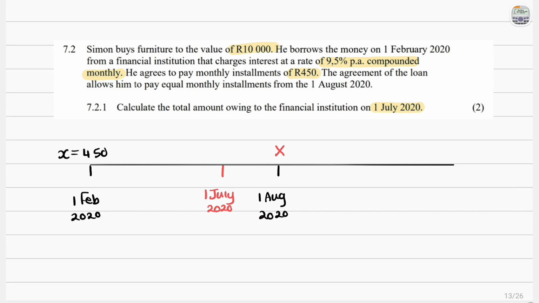This is because the loan amount is determined a month before the first payment starts. Just like here, had he not defaulted in these payments, had he not had delayed payments, he would have started paying back 1 month later. So since he's paying back on the 1st of August, we determine how much he owes a month before this, on the 1st of July.